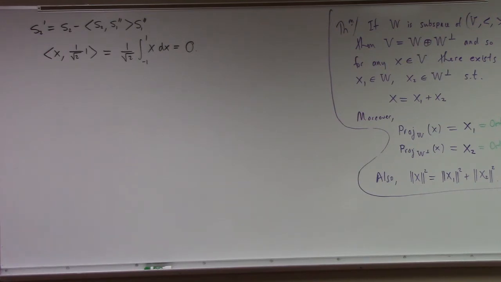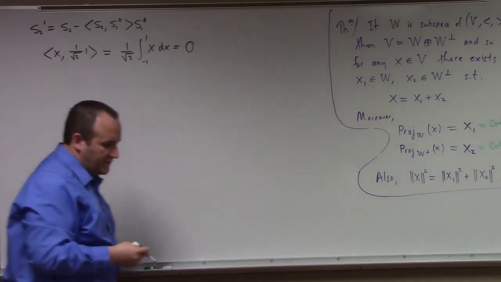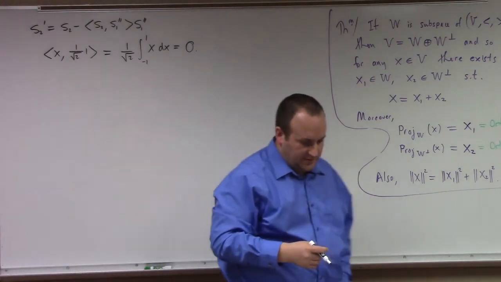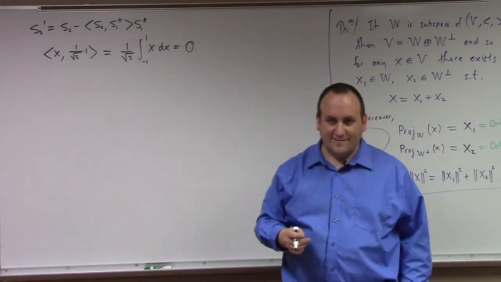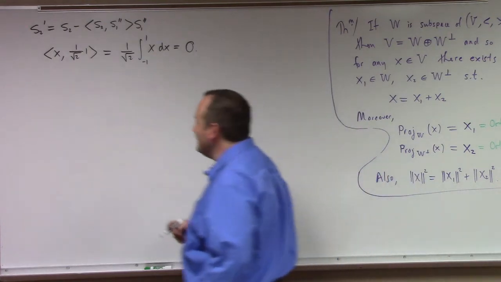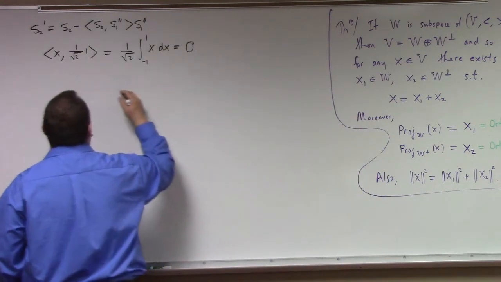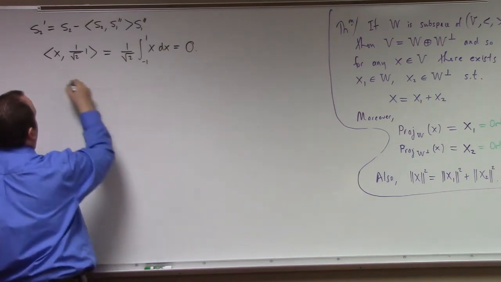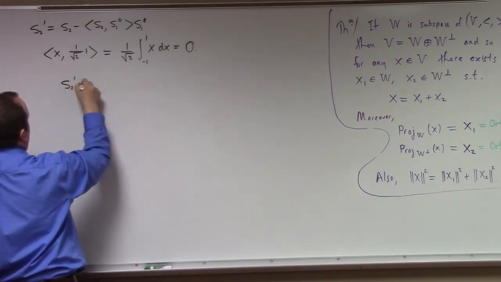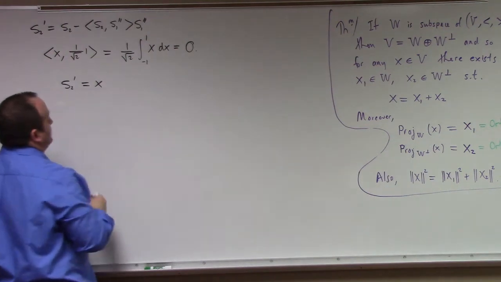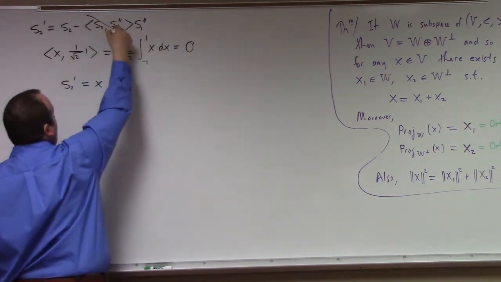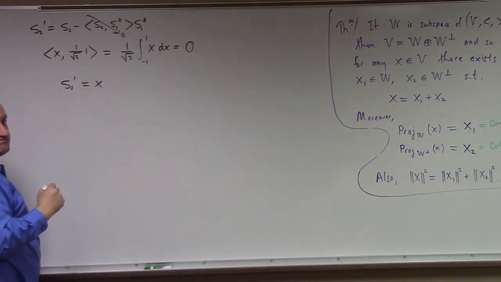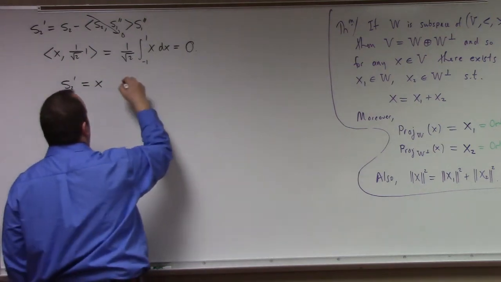What's the integral of an odd function over a symmetric interval about the origin? You're like, can't you just integrate anything plainly? Just do the integral. Sorry, it's just my nature. So we just figured out that S2 prime is x because this is 0, right? Now we need to normalize.